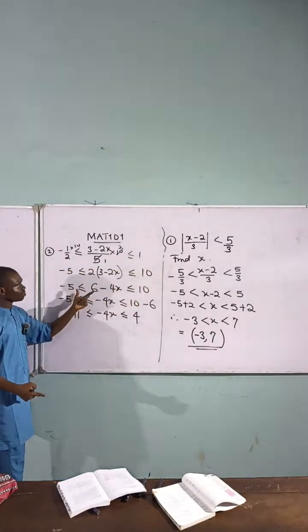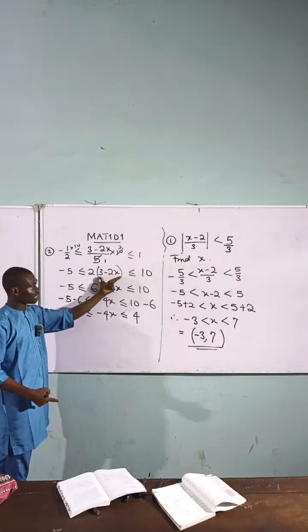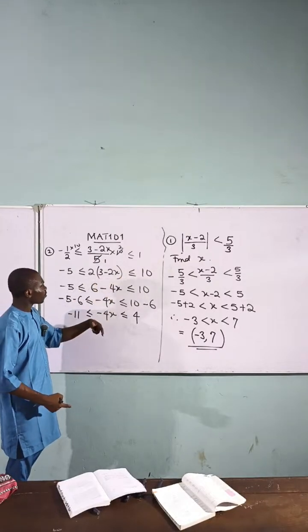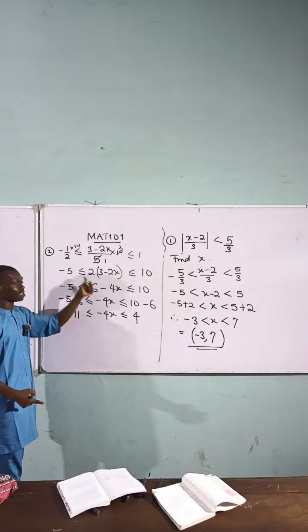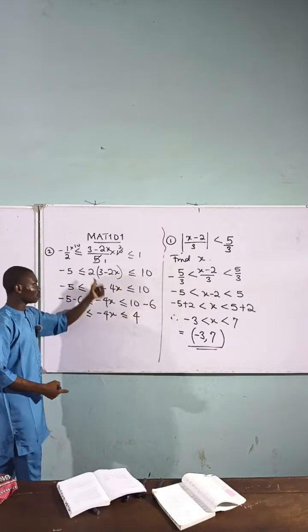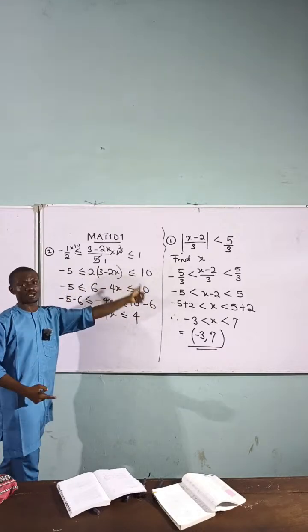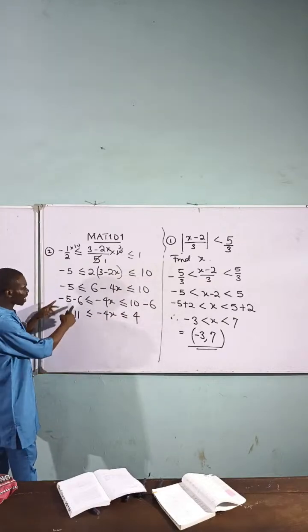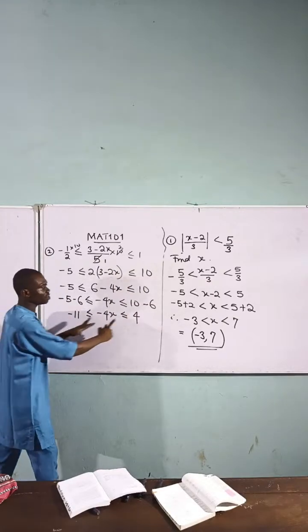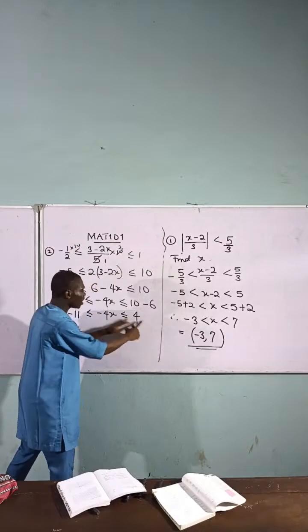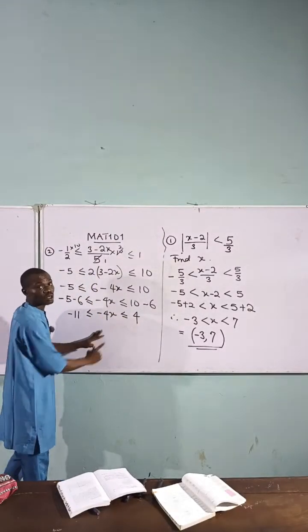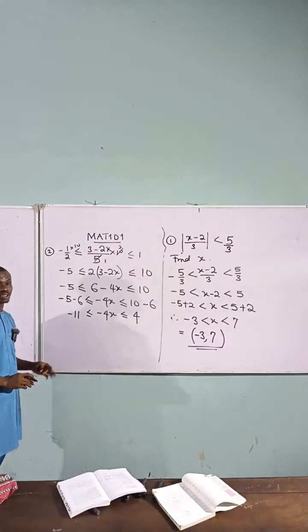What did I do next? I opened this bracket, and that gave us this. Then I moved 6 to both sides. When you're moving it, you move it to both sides of the inequality, and then I simplified to get 11, simplified to get 4, while here will now be only minus 4x.